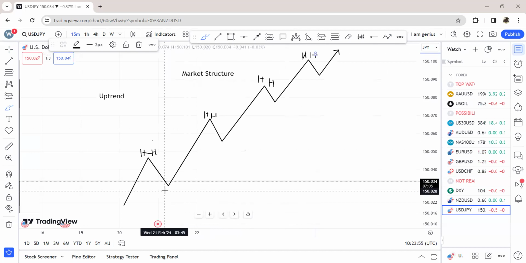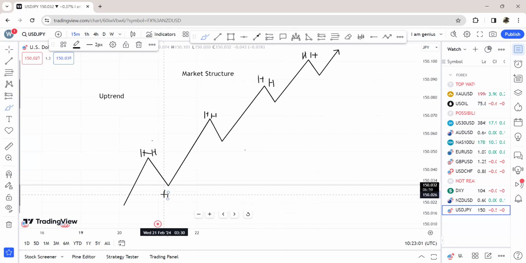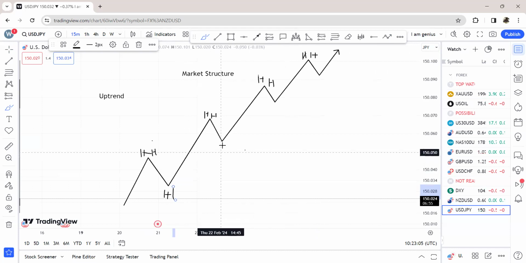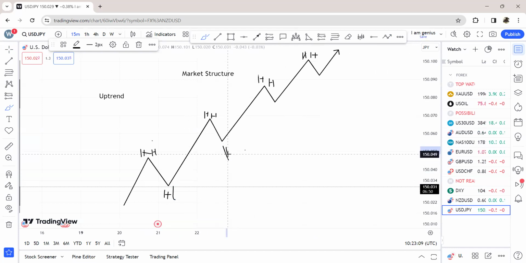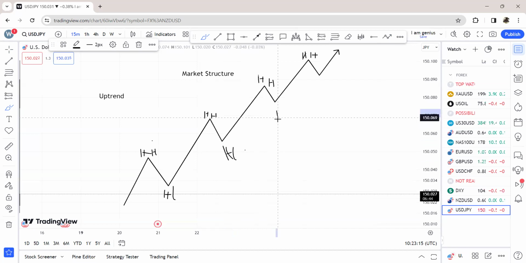Then this other one is called a higher low, and that's also another higher low. So higher low and another higher low like that.